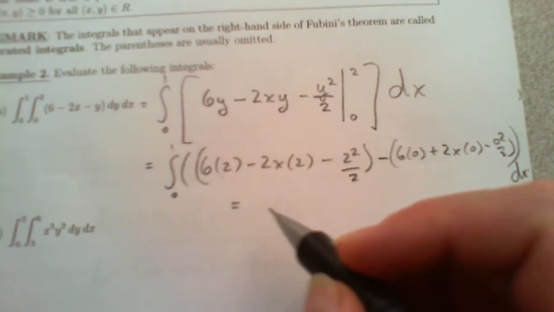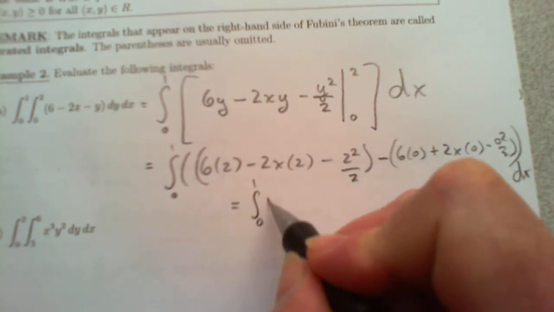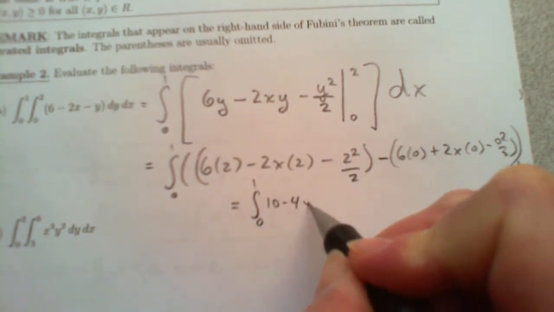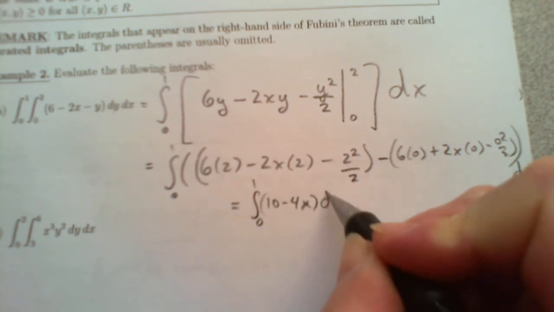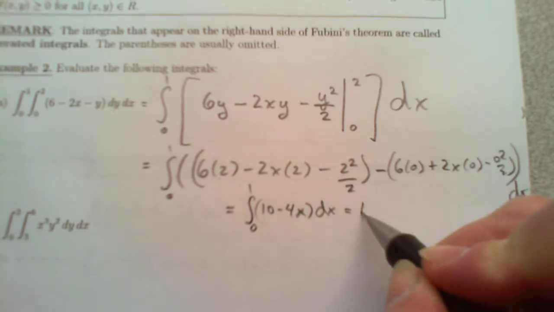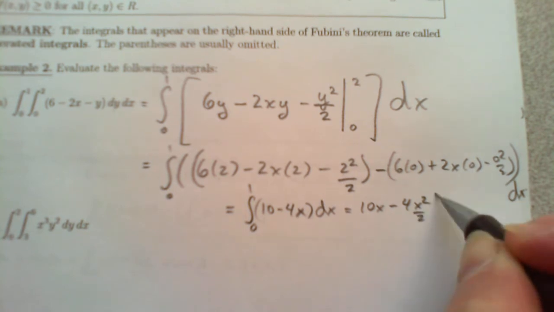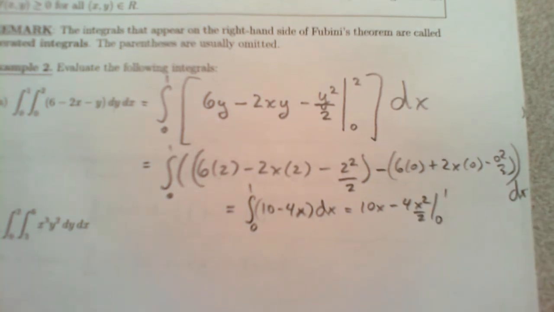So this tallies up as the integral from 0 to 1 of 10 minus 4x dx. Now I'm back to a Calc 1 integral. The antiderivative is 10x minus 4x squared over 2. You have to evaluate from 0 to 1.